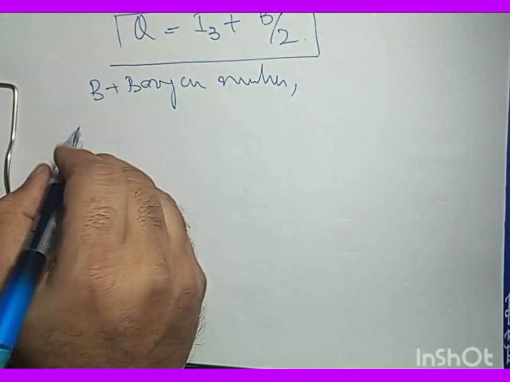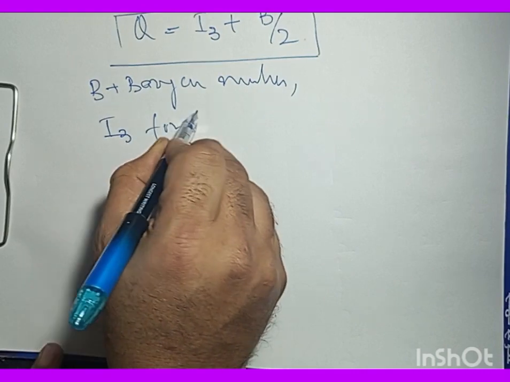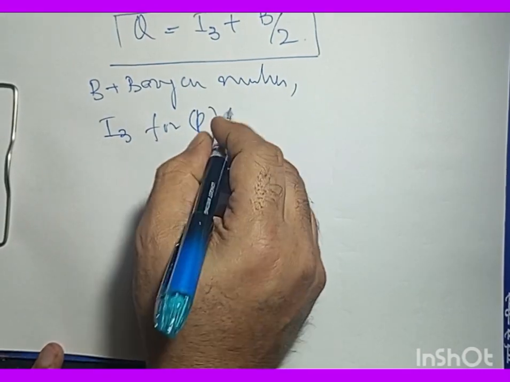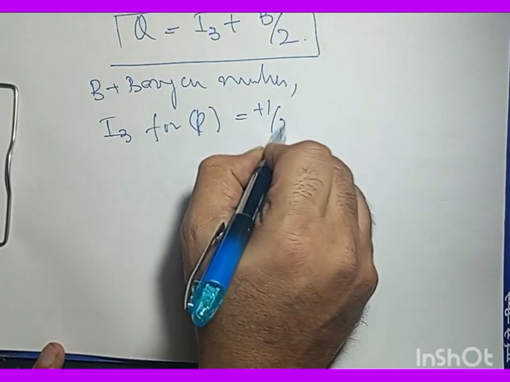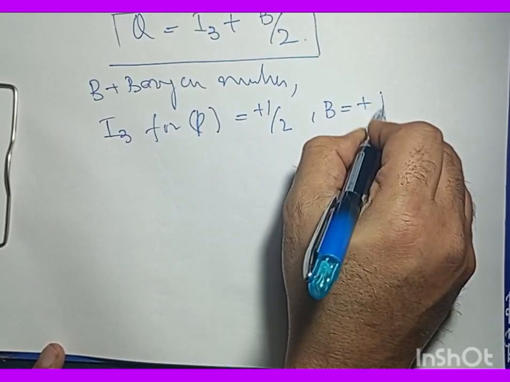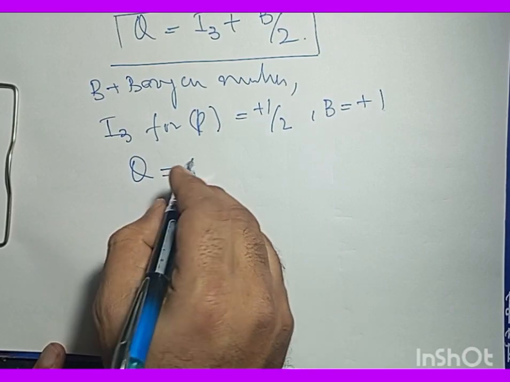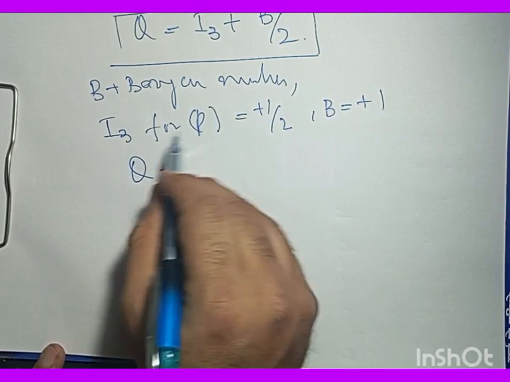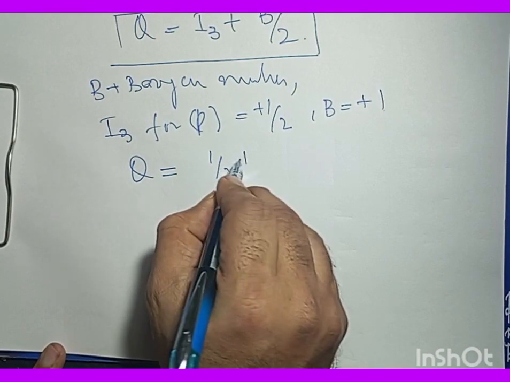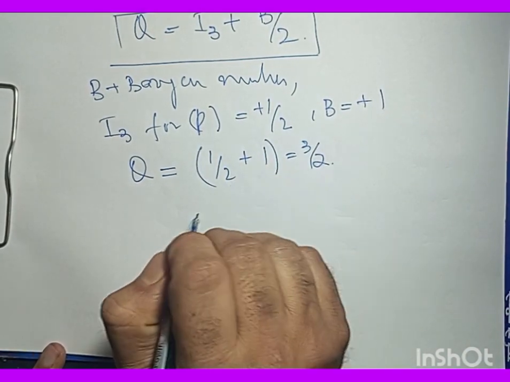Now, for example, if I say that I3 for proton is plus half, and B is plus 1, what will be the charge in that case? So charge is going to be I3, which is 1 by 2, plus 1. So that's going to be 3 by 2.